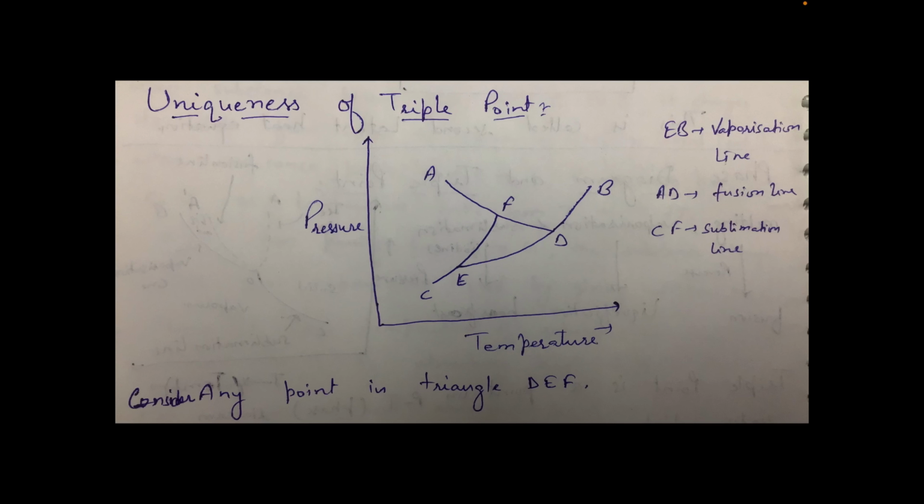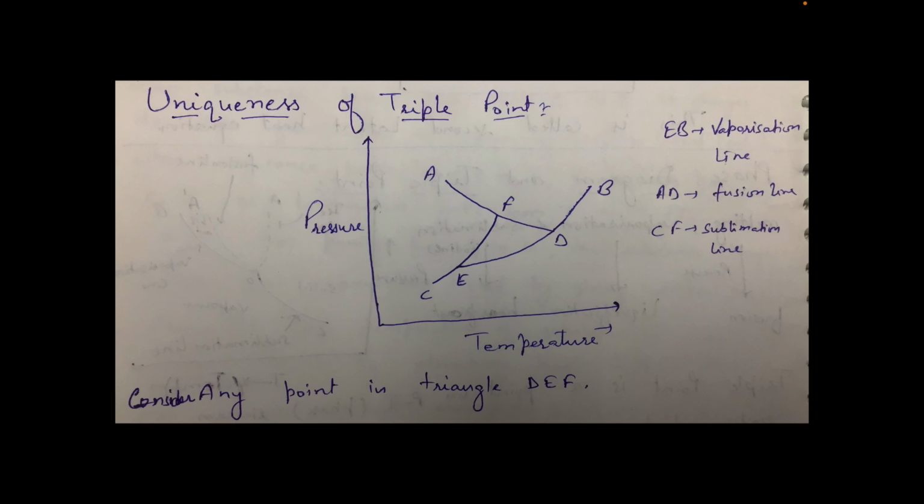In this topic, we have to prove the uniqueness of the triple point. That is, there exists only a single triple point. So let us draw a PT diagram, and we are assuming here that the triple point is not unique.